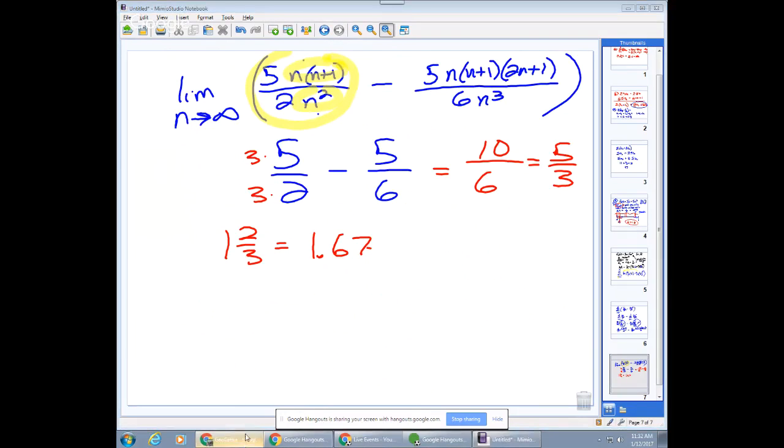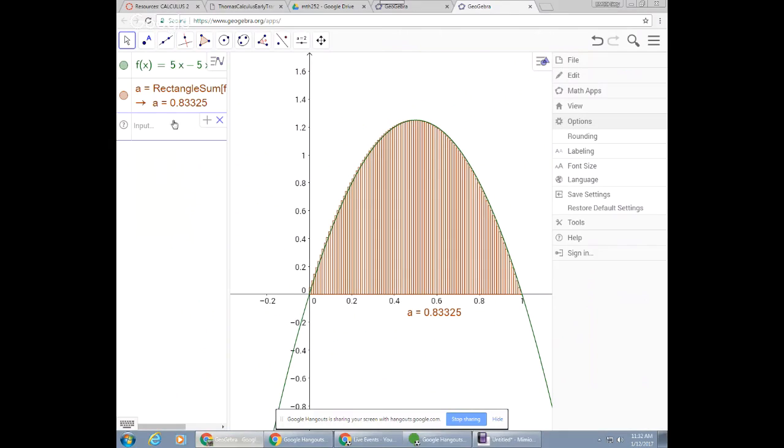And in GeoGebra, I stuck with the minus, and I still have half. So although I switched problems from the beginning, I'm consistent in GeoGebra and my notes. But there's still a disagreement. GeoGebra said it should be 0.8-ish, we got 1.6-ish, so our answer is twice what GeoGebra says it should be.